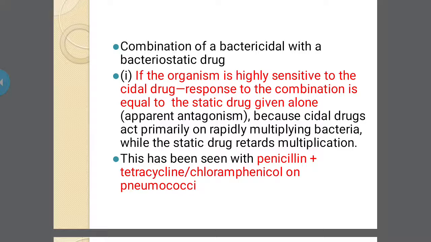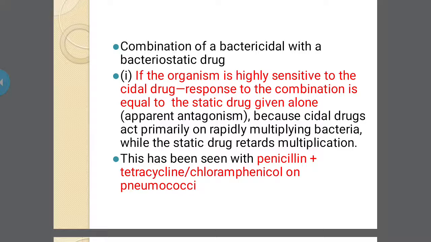Bactericidal drugs are active mainly when the bacterial population is rapidly proliferating. That means if their growth is inhibited, the cidal drug cannot exert its activity. That is the common situation if a cidal drug is combined with a static drug. The static drug will decrease the growth rate and the cidal drug will be less active in that static situation, so there will be relative antagonism.